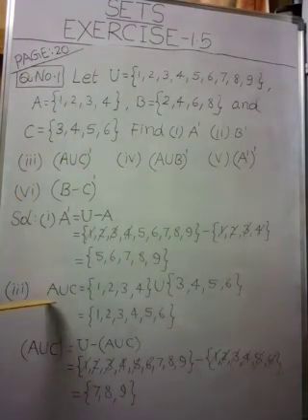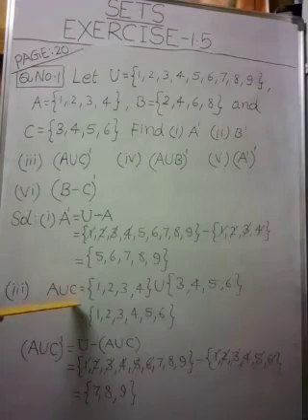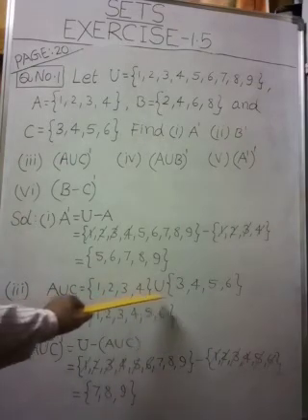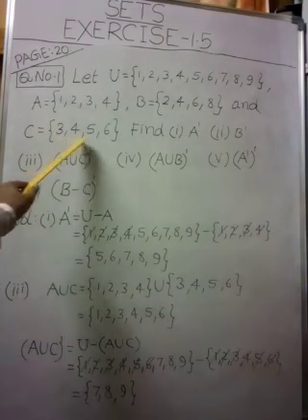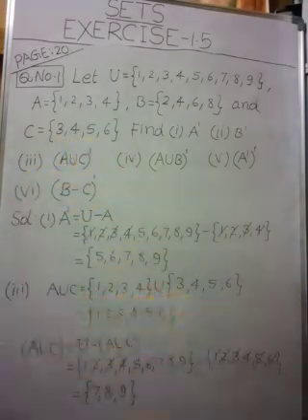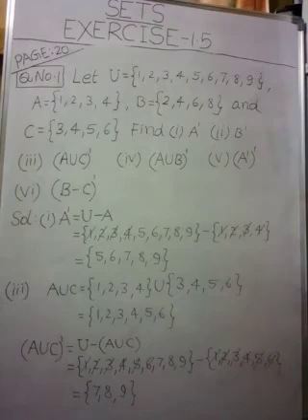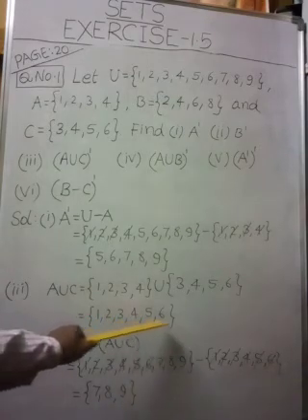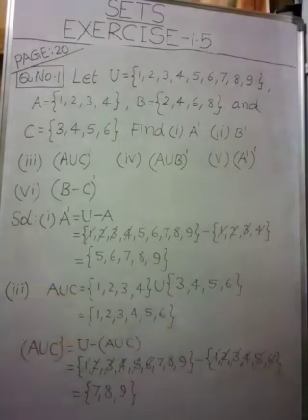That is why first we are finding A union C. Set A is 1, 2, 3, 4, union set C is 3, 4, 5, 6. Now we are finding the union of these two sets. You know how to find the union of two sets by combining all the elements. So 1, 2, 3, 4, 5, 6. This is A union C.